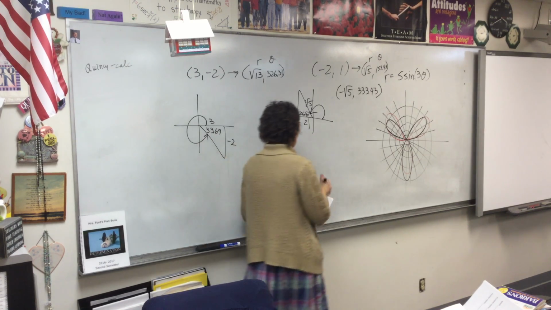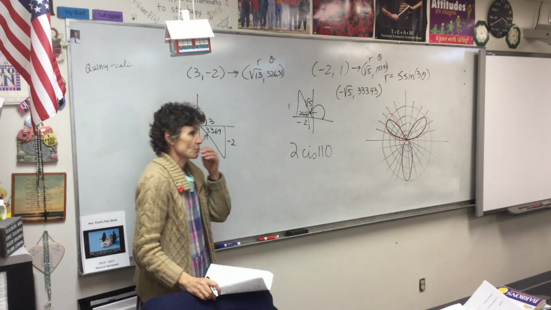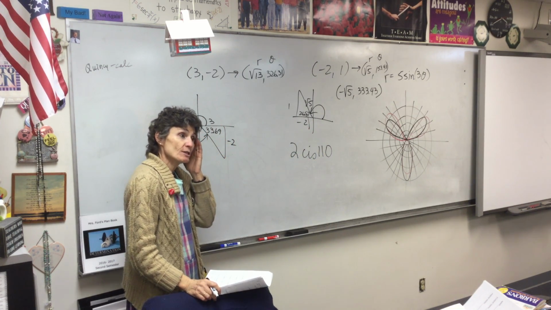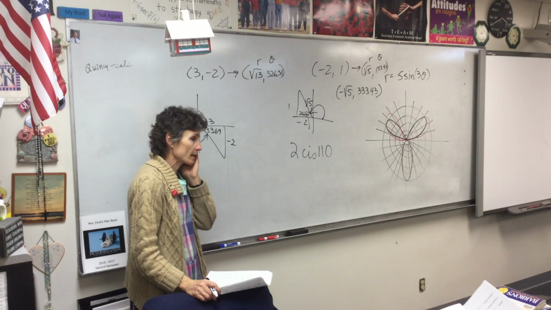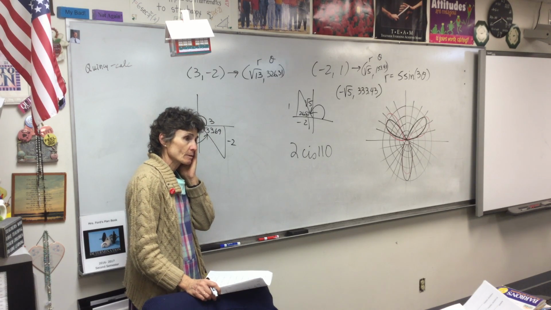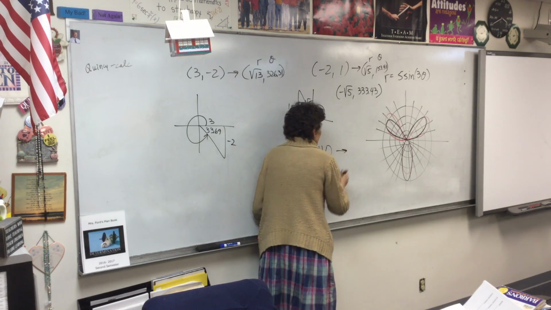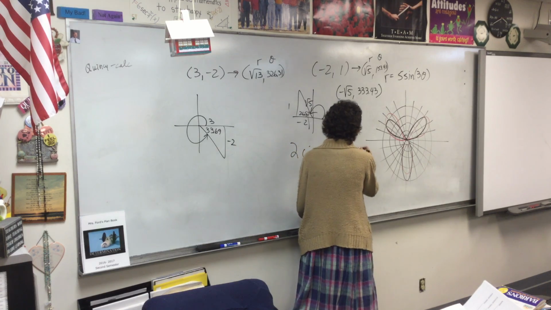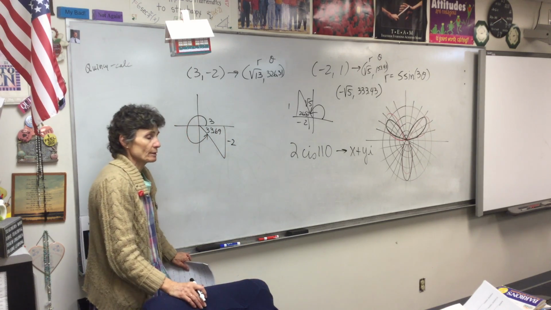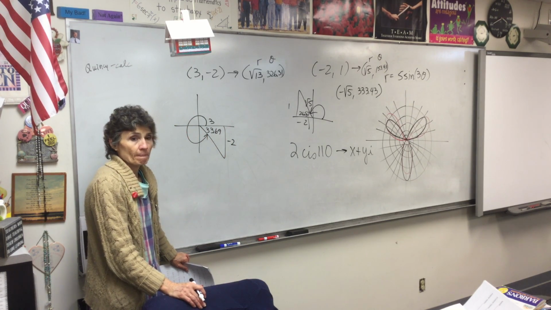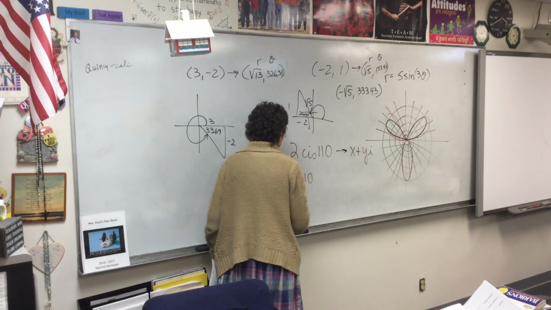Number 3, I'm going to write it in shorthand notation. It's written out in longhand, which those of you that did your homework know most of the problems in the book were written out in longhand, not an issue, not confused by it. I need to change this into rectangular form. What does that mean? X plus yi, that's where we're headed. We want x plus yi. How in the world am I going to find x and y? X equals 2 cosine 110.